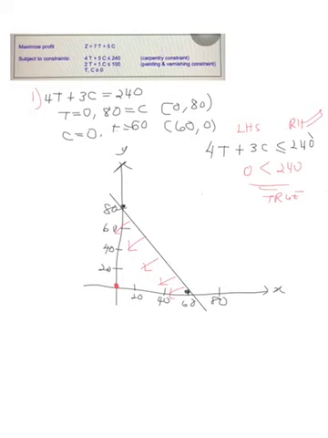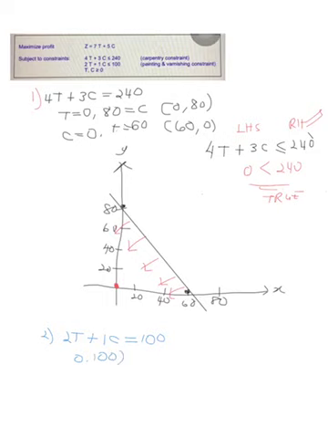For the second constraint, we have 2t plus c less than or equal to 100, but we have to convert it to the equation equals 100. The same goes for this one: substitute t equals 0 and then c equals 0 to get 2 points. When t is 0, c will become 100.